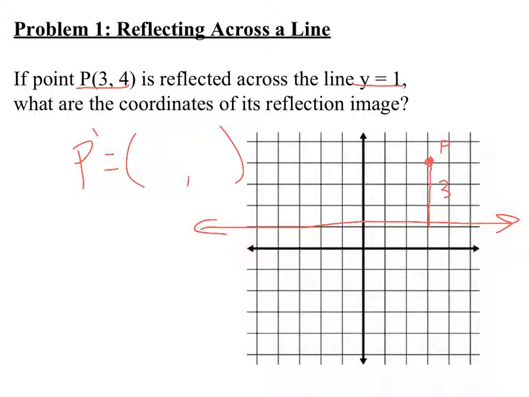So in order to find P prime, I keep going 3 in the opposite direction. 1, 2, 3. Down here is P prime, and that is at the point 3, negative 2. That's how I'm going to find P prime.